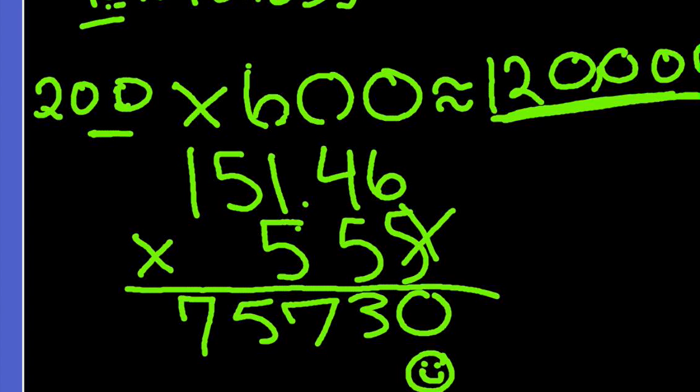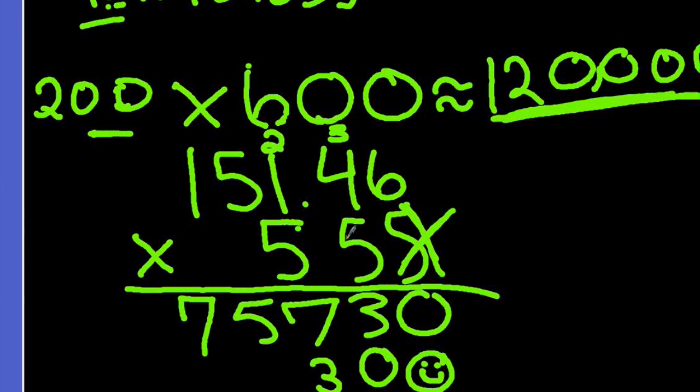And now we're going to do 5 times 6, which is 30. And we're going to add the 3 up here and put the 0 down here. And we're going to do 5 times 4, which is 20, plus 3 is 23. So I'm going to carry the 2 and put the 3 down here.